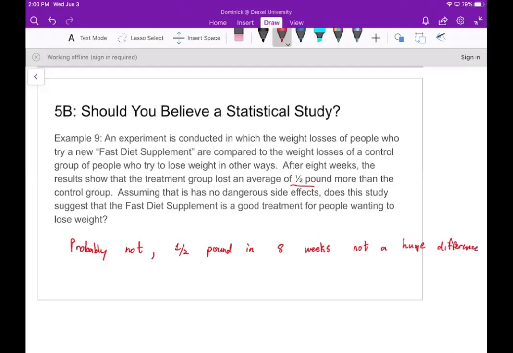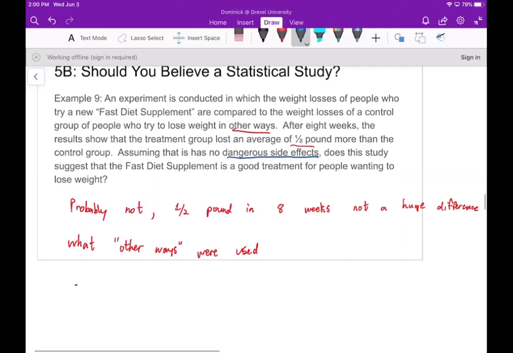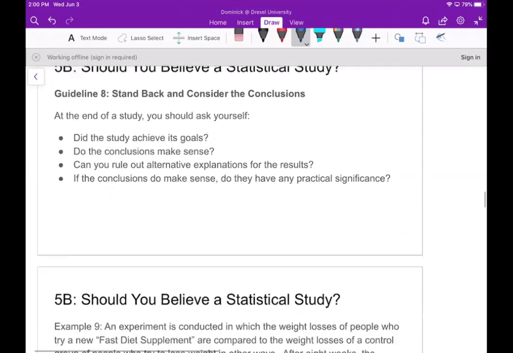And what other ways were used to lose weight? And who's deciding if these side effects are dangerous or not? These are all other things that we should consider according to this guideline.